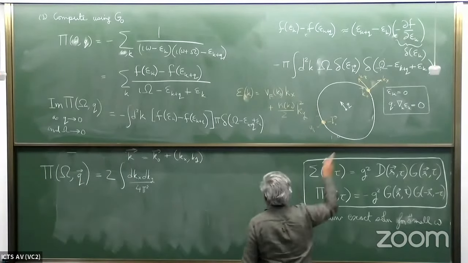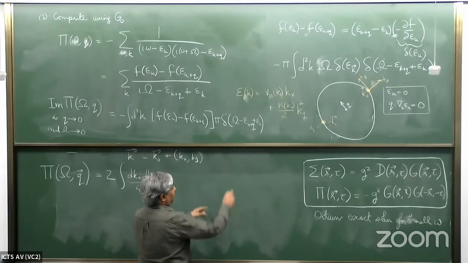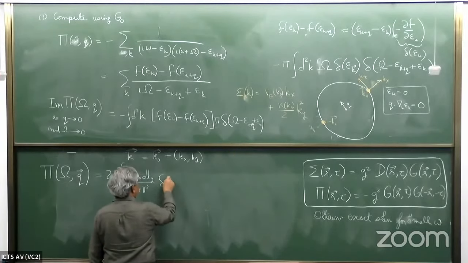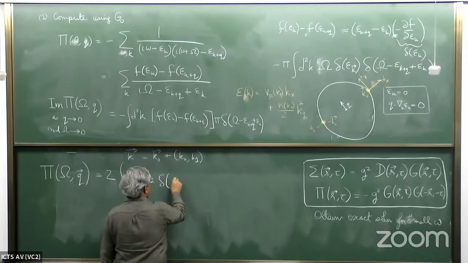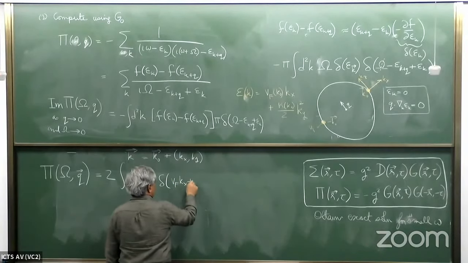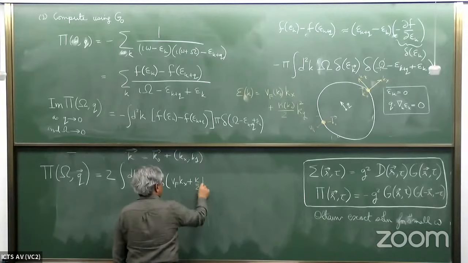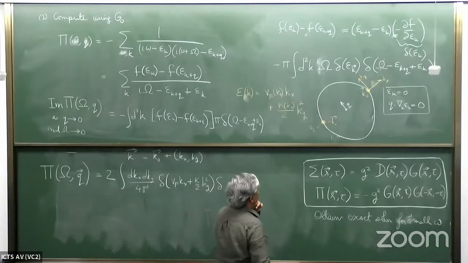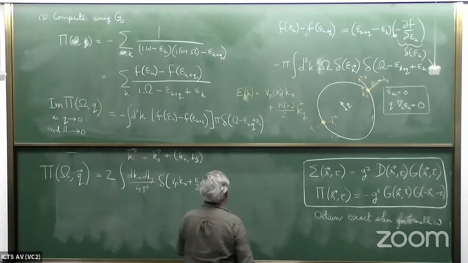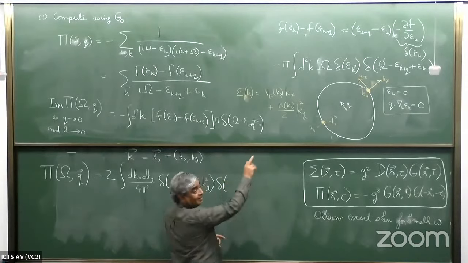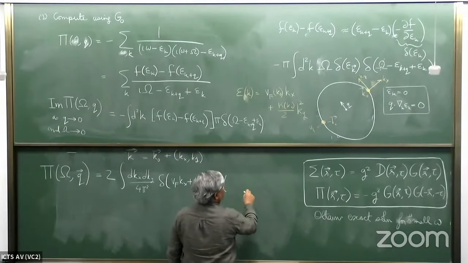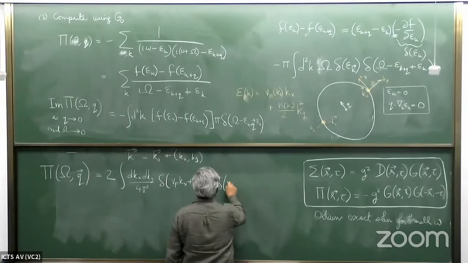All right, so now I just do that integral. That's really very simple. Since it's just a delta function, I only need to take the leading order term in both directions. So delta of ek will give me vf kx plus kappa over 2 ky squared. And delta of ek plus q minus ek will give me delta, and you can put the omega here if you want, but I won't. Ek plus q minus k would be vf qx.